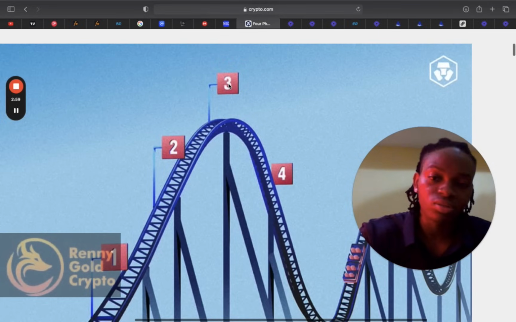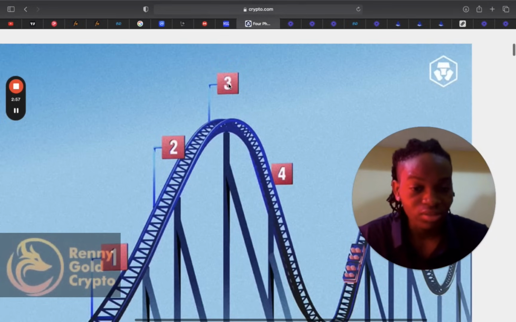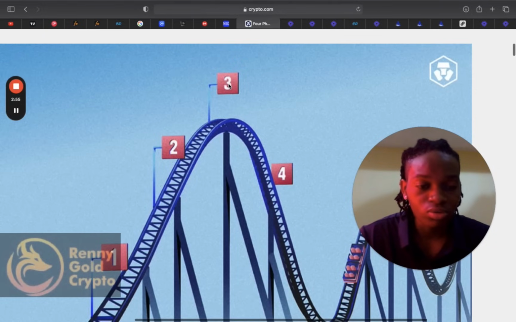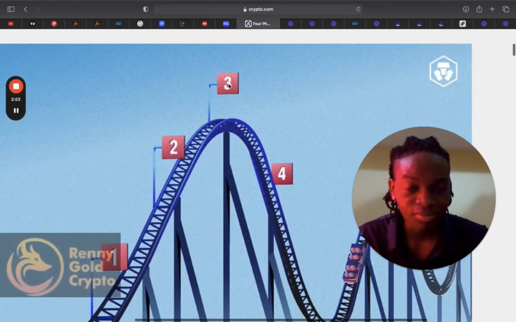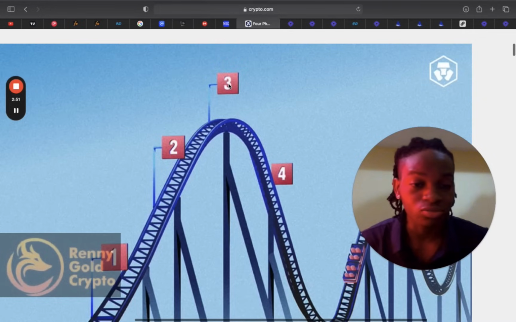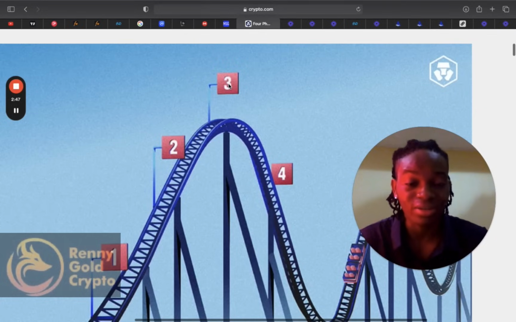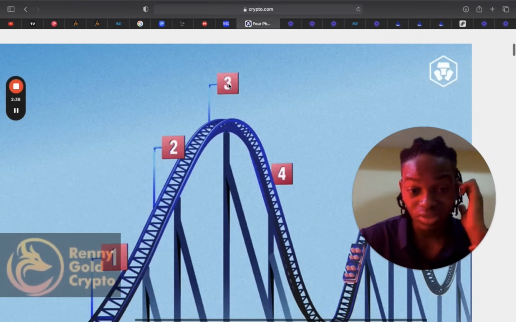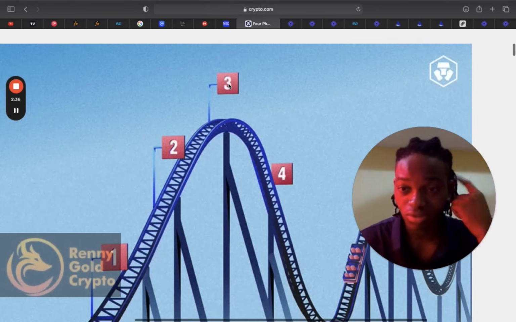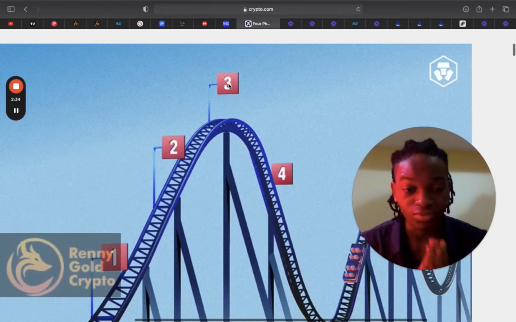So when the market gets to this distribution phase, you don't want to start buying. This is time for sellers to start. People that have been buying since the accumulation phase, this is where they sell. They start selling and selling and selling. During this time you can't be buying, because all the buyers have turned to sellers.